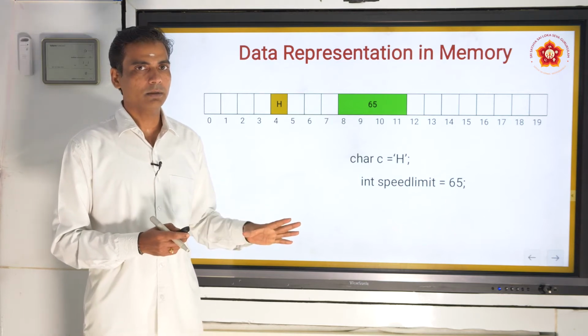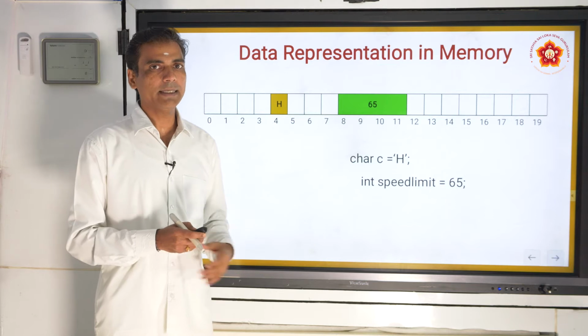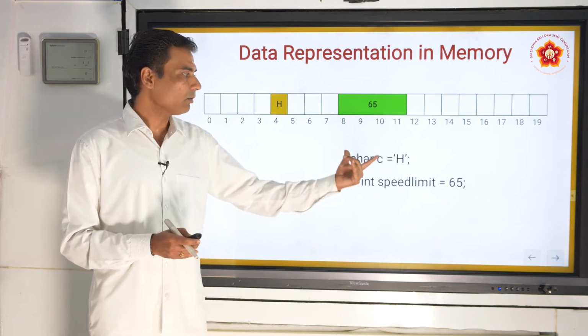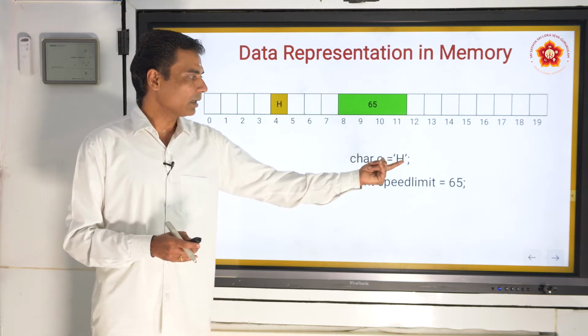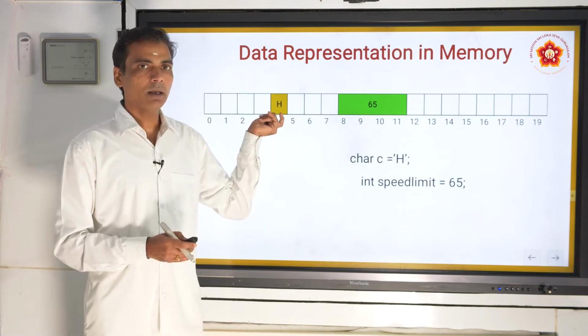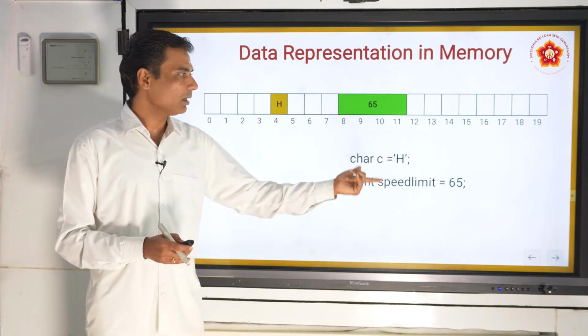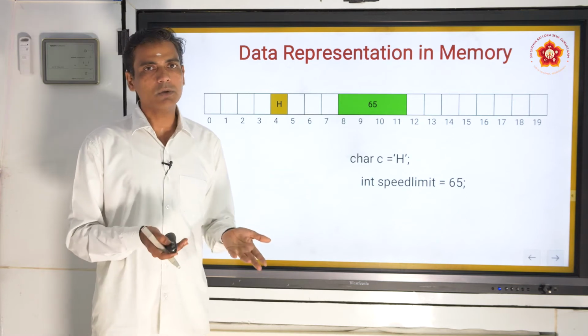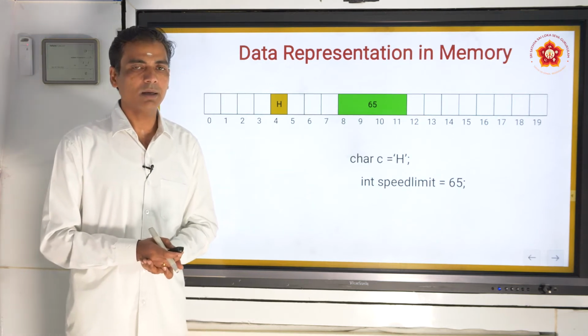We will not go into detail at this point. We just have to understand that when we declare one variable it allocates 1 byte of memory, when we declare another it allocates more, but it is not certain that it will be allocated contiguously. That is not in our control.